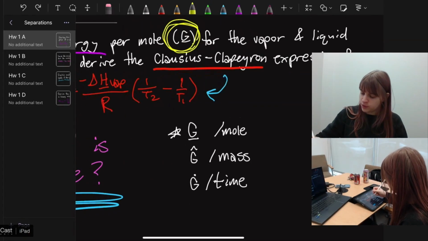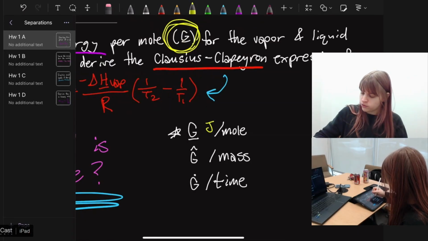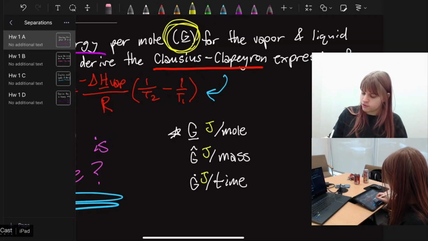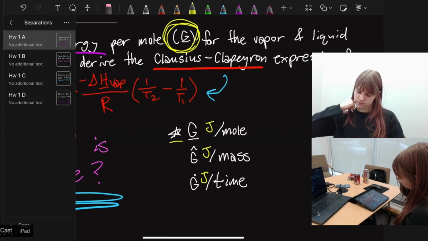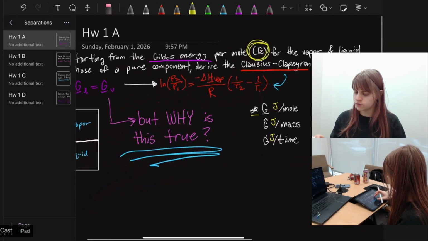I use the underbar for moles, the hat for mass, and the little dot for time. So for now we're just sticking with this per mole basis to make it a little bit easier for us.